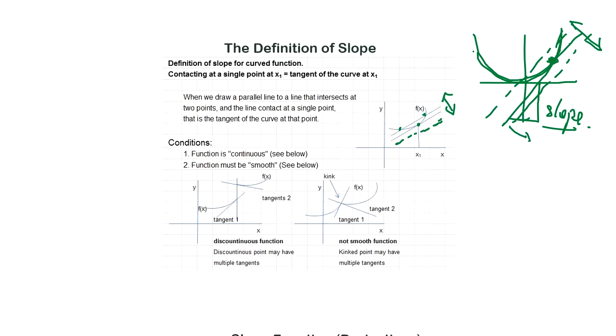So if you get ax plus b, this a is the slope at that contacting point, because it's a curve, the slope keeps changing, right? So how do you define the slope of the curved line? Well, you find the linear line that is contacting at the single point, and that defines the slope.